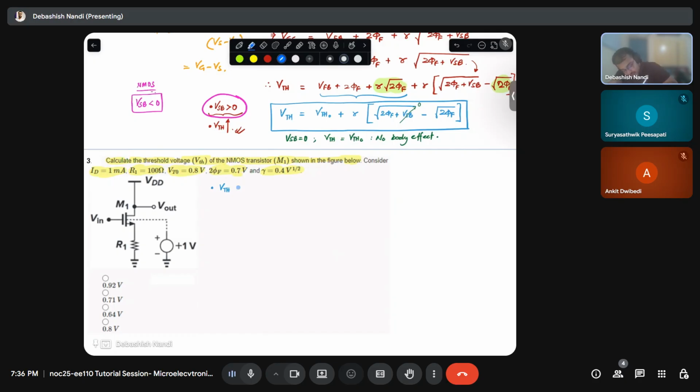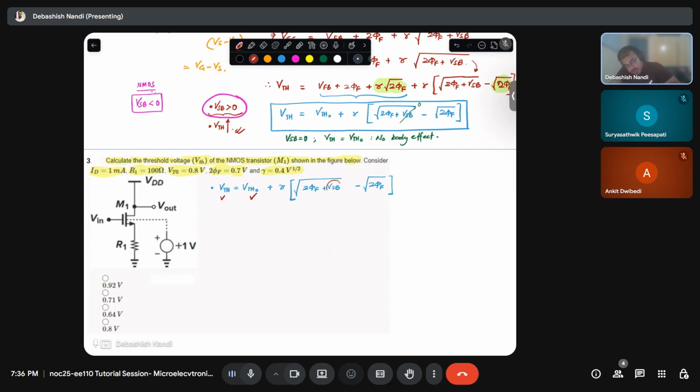So basically VTH is equal to VTH0 plus gamma times square root of (2ΦF plus VSB) minus square root of 2ΦF. This is the formula. What do I know? I know this, I know this.